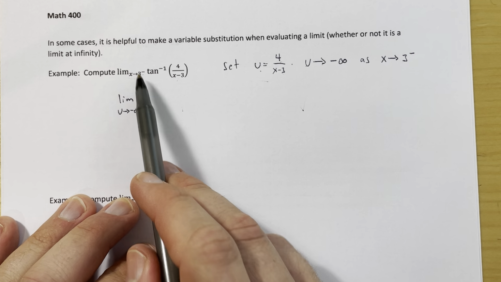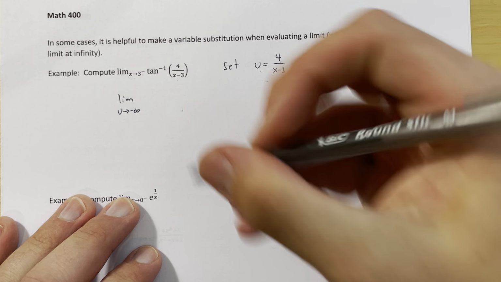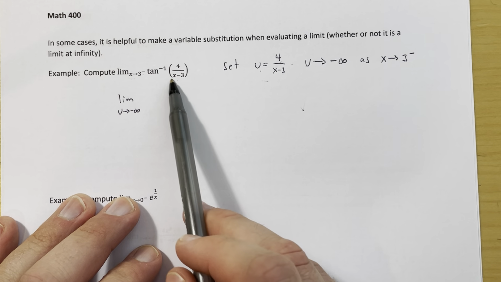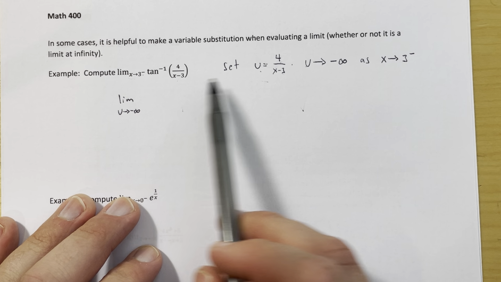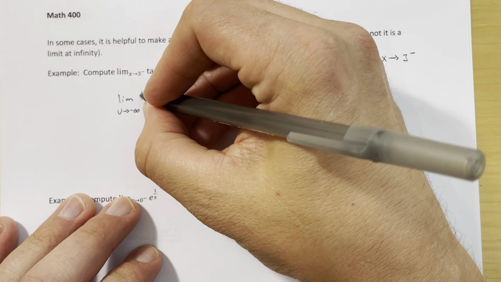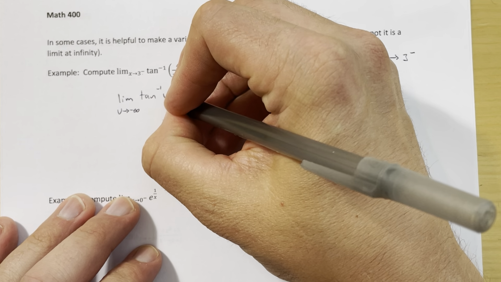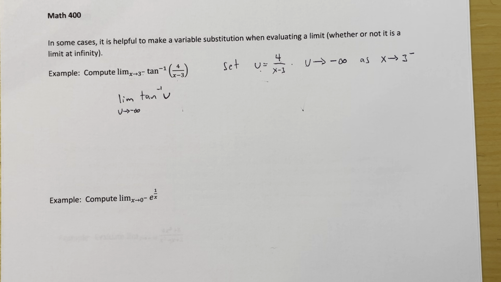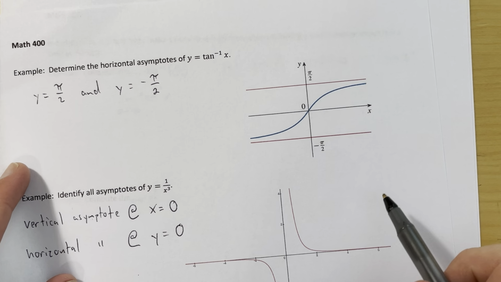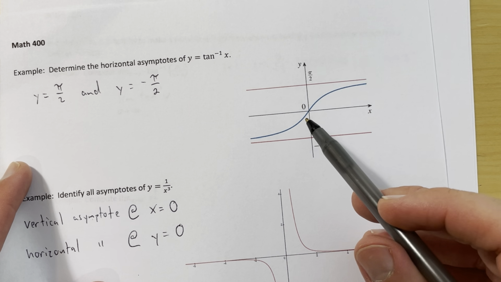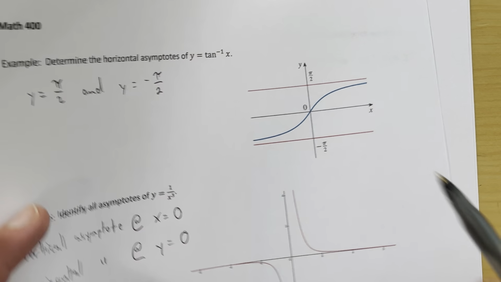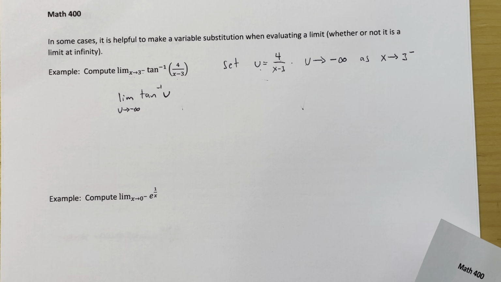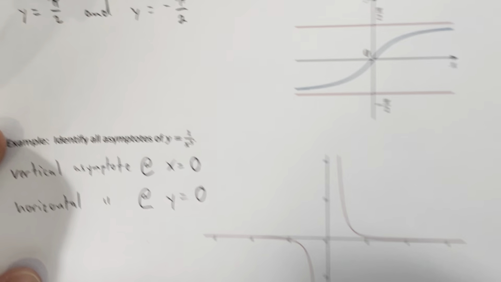Notice I've changed what the limit looks like because I'm using a new variable now. The argument on my inverse tangent function is u, so this becomes the inverse tangent of u. Now we have seen the graph of the inverse tangent function in this section already. We saw it right here. As our independent variable, we're calling it x here, we're calling it u here, but aside from the labels, the graphs would look identical.